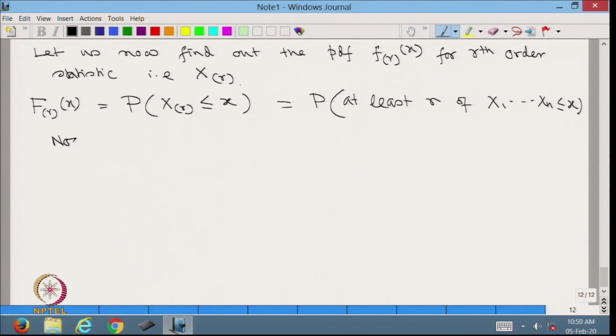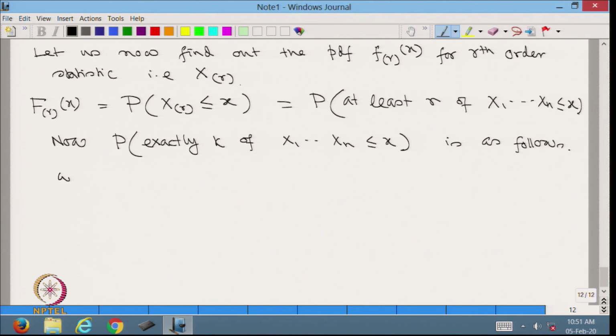Now, probability exactly k of X1, X2, ..., Xn less than or equal to x is as follows. We choose any k out of X1, X2, ..., Xn.